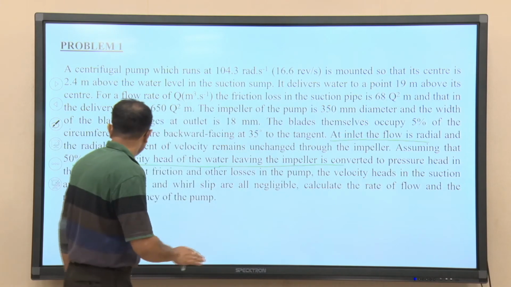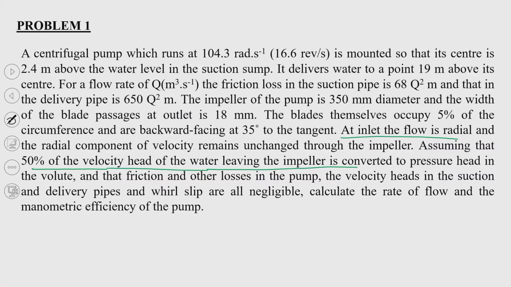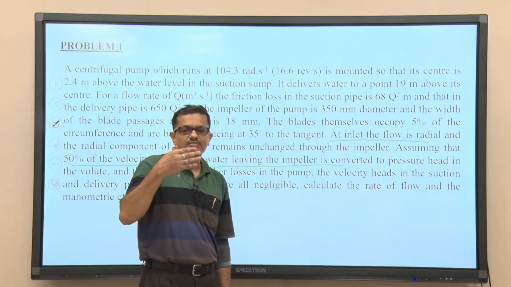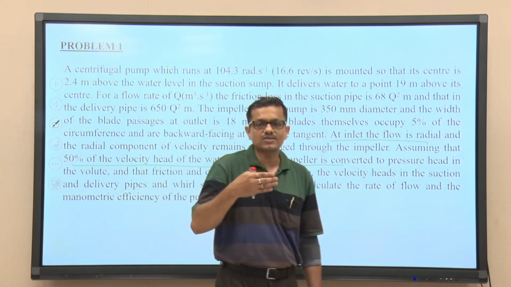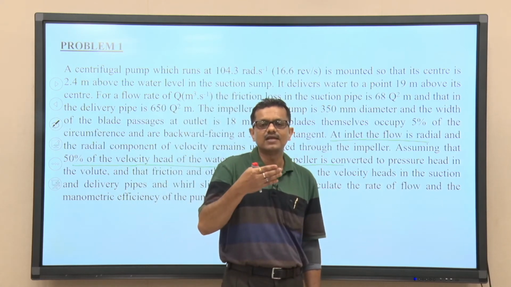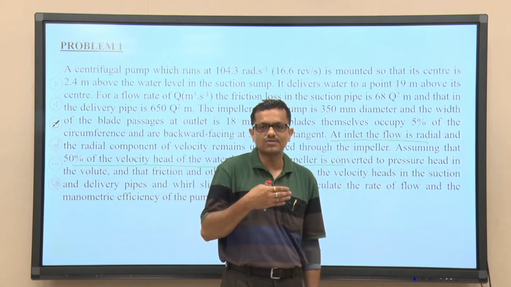Now, a part of the kinetic energy may not be converted when water is leaving the impeller. So, it is given that 50% of the velocity head of water, because essentially the impeller is rotating, the mechanical energy will be utilized to increase the stored energy of the fluid in terms of velocity and pressure, that is what we have discussed.